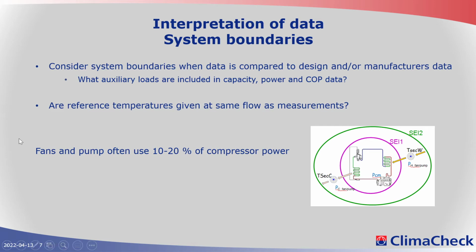So just don't compare without knowing what you're comparing. It can be apples and pears. So of course the best thing is to measure both compressor power and pumps and fans. Then you get the most complete picture, but it all depends what you're measuring and what you're comparing with.